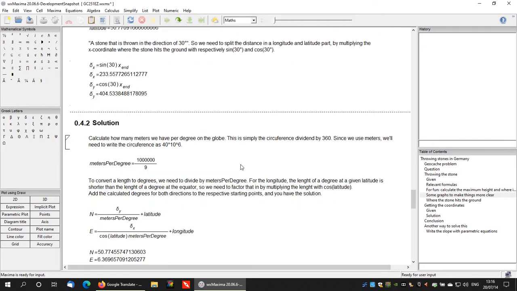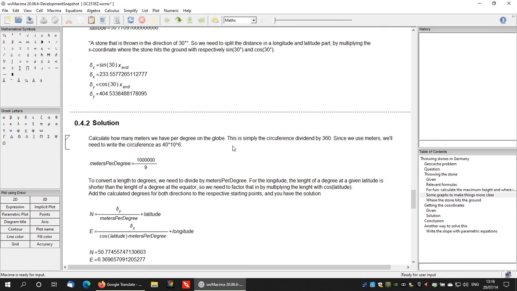Obviously we have to convert that to degrees, and the way to do that is simply calculate how many meters we have per degree on the globe. That is, if we think of the Earth as perfectly round, spherical, which of course it isn't, but it's a close enough approximation.